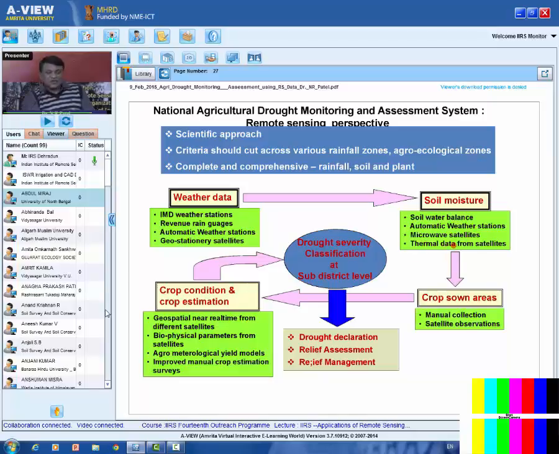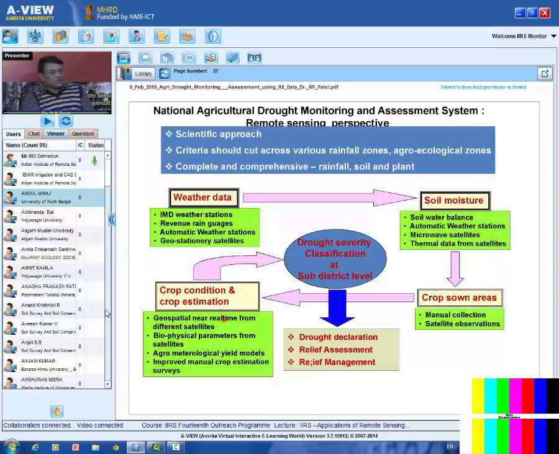There are thermal data, as we said earlier, that by exploiting NDVI and surface temperature trapezoid or space, one can also use indices like TVDI and VTCI to infer soil moisture to a certain extent.